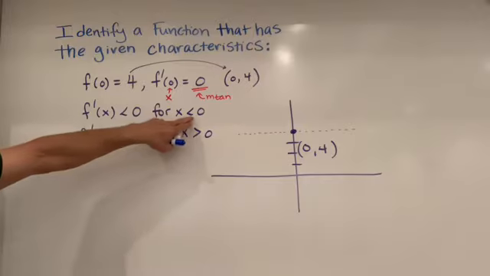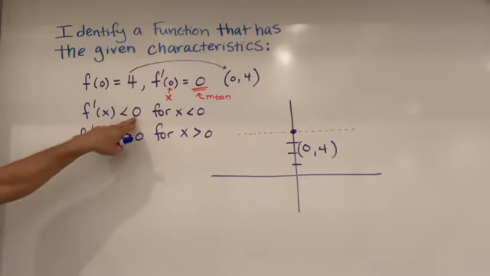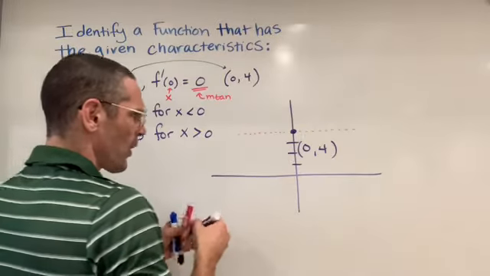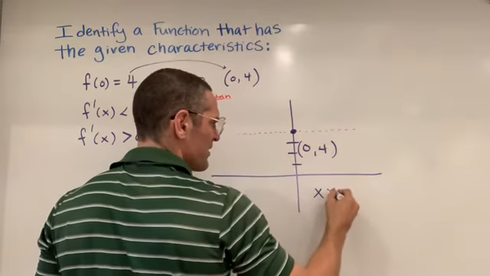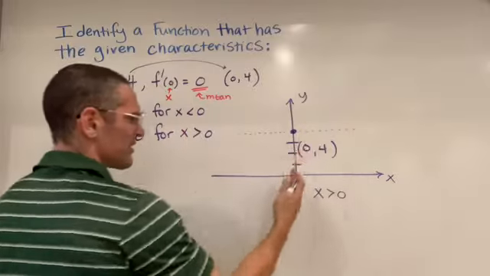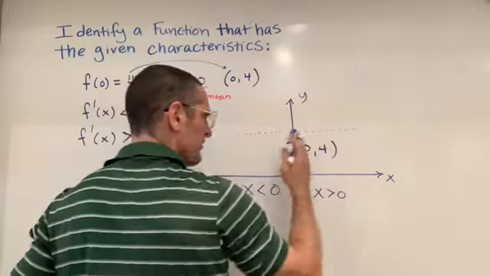For x less than 0, the derivative is negative. Here's our x-axis, and here's our y-axis. On this side of the graph, x is less than 0, and on this side, x is greater than 0.